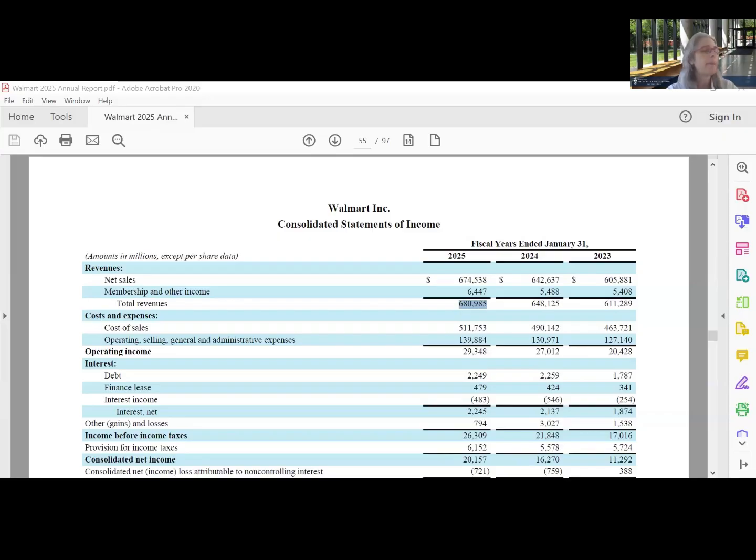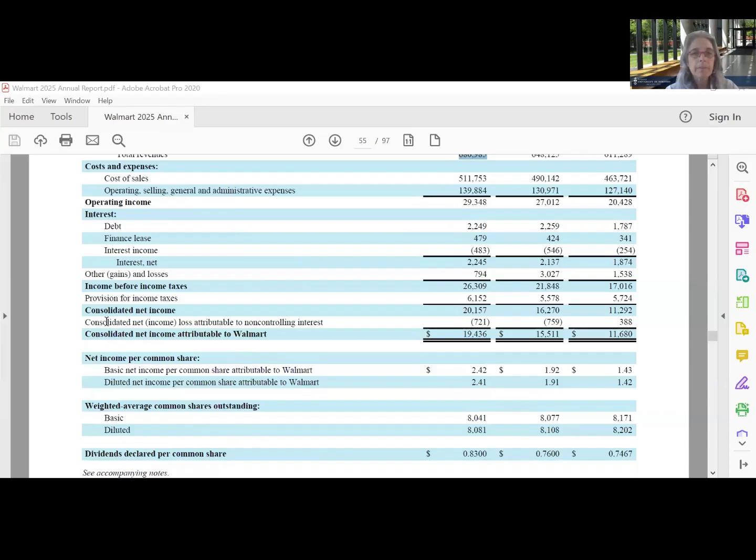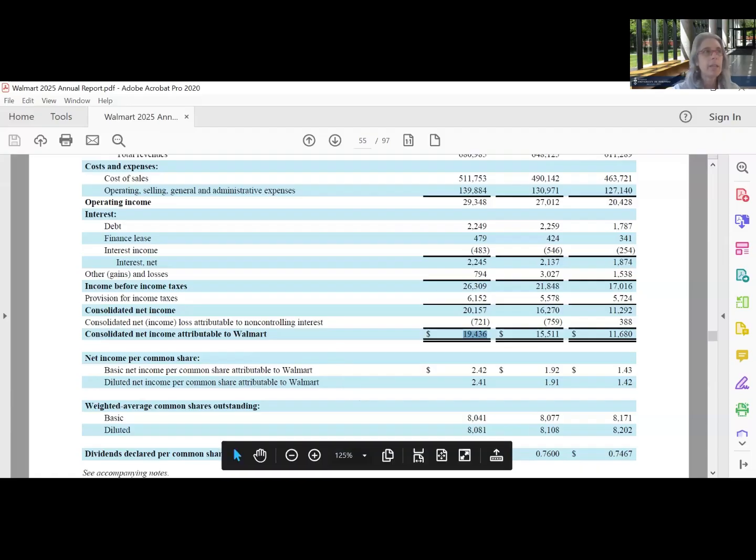Okay, then the net income, if we go down the income statement, so the net income we've got, can you see there are two net income numbers? There's this 20 billion, and then there's a 19.436 billion. So I'm going to show you what that means.